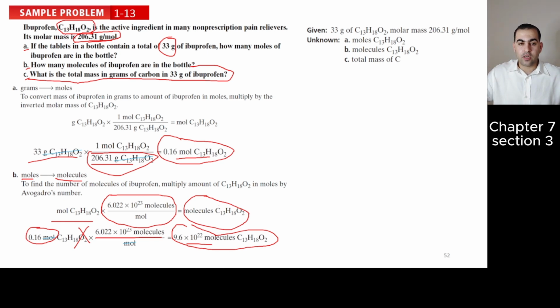Ibuprofen is made of 13 moles of carbon, 18 moles of hydrogen, and in 1 mole of ibuprofen we have 2 moles of oxygen. Here we're asked for the mass of carbon in 0.16 mole of ibuprofen.